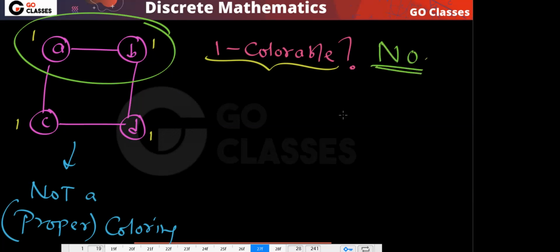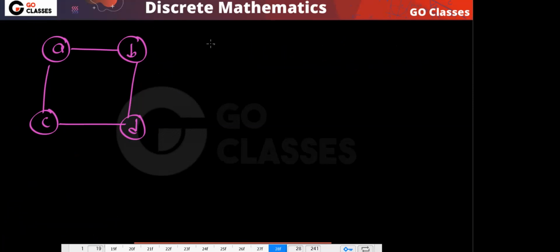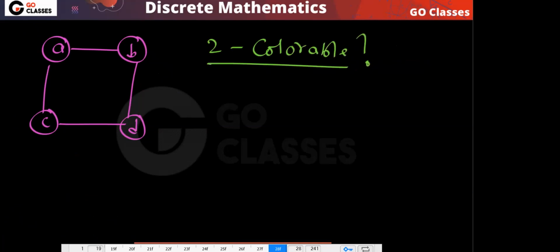Now, is this graph 2 colorable? Can I color this graph using 2 colors only? At most 2 colors. Yes, because if I use red color here, now I cannot use red here and here. So let me use yellow color here.